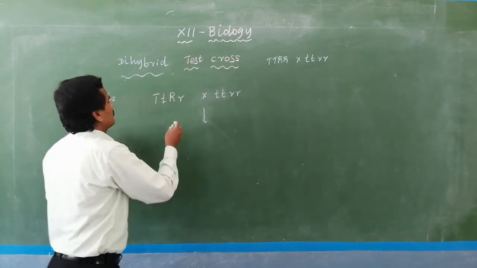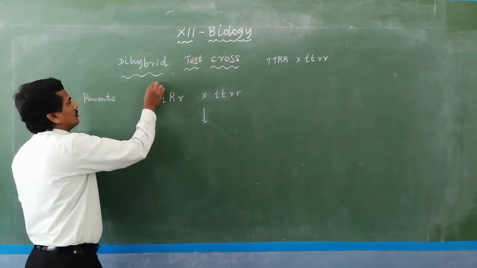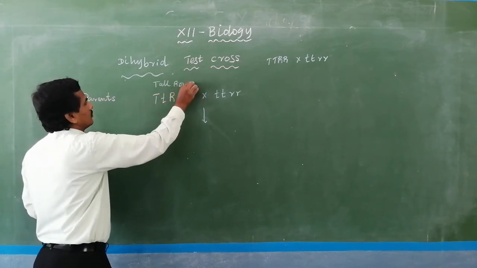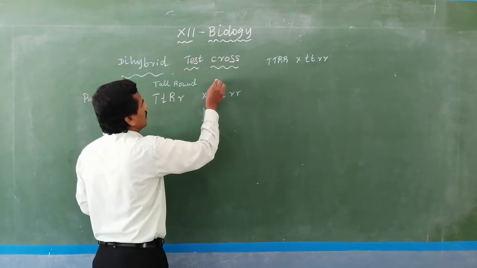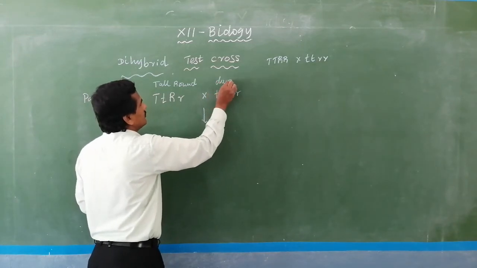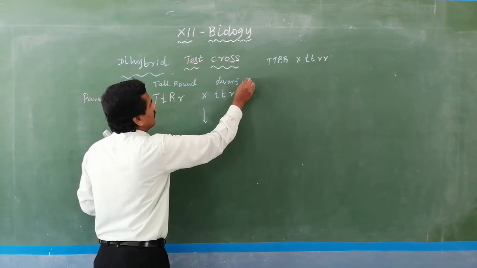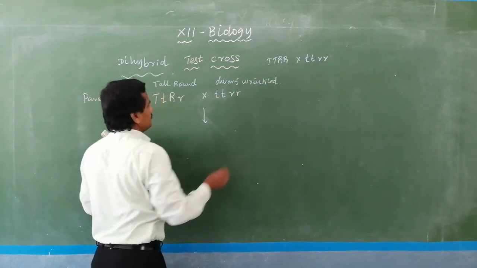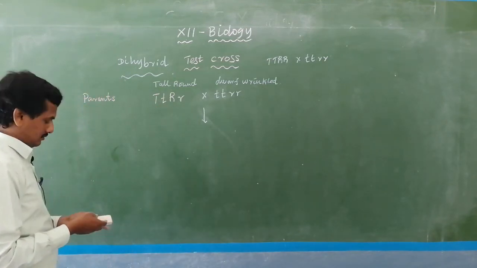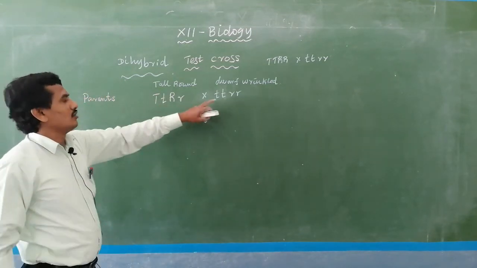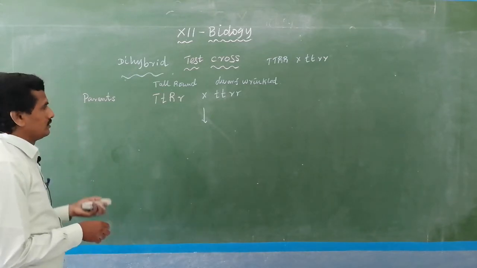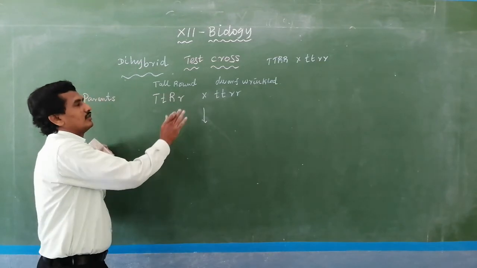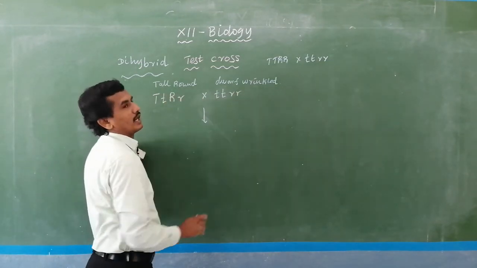So, this is the heterozygous tall round plant, and the homozygous dwarf wrinkled. Heterozygous tall and round and homozygous dwarf and wrinkled. So, a test cross is nothing but the F1 heterozygote crossed with the recessive parent.